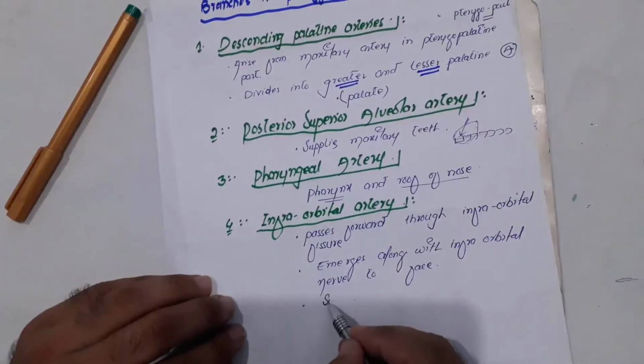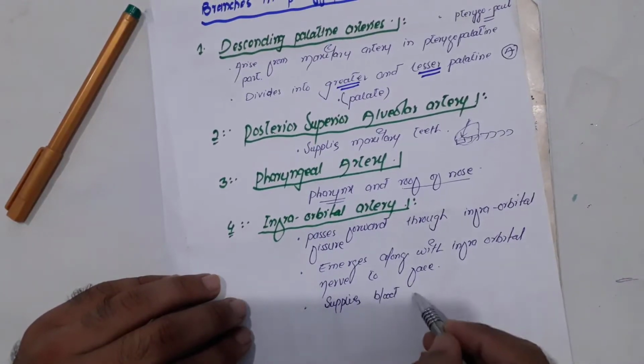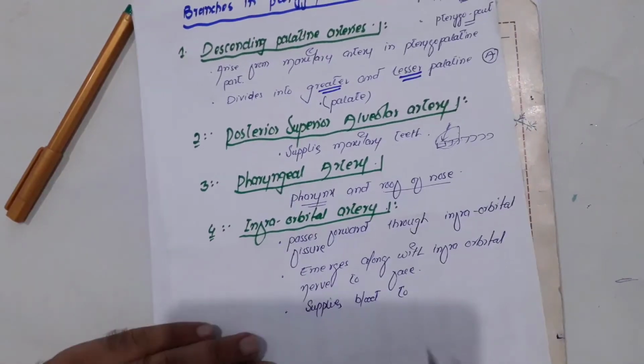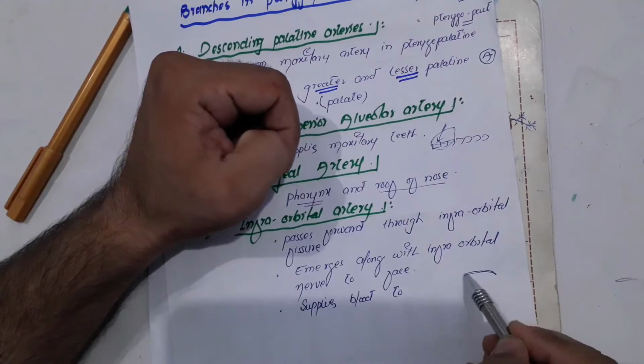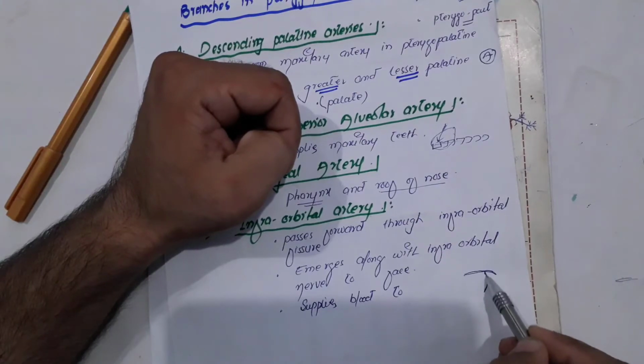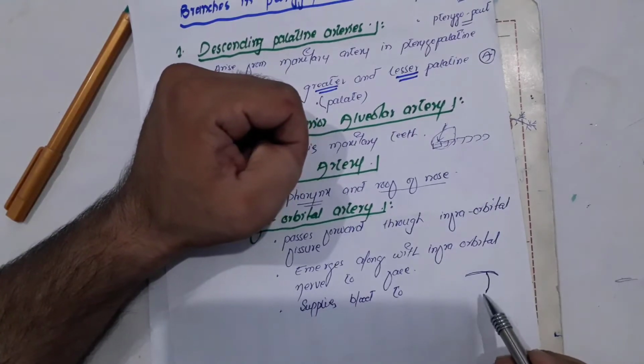It supplies oxygenated blood to, listen carefully, friends, whenever this artery emerges, it gives off a branch which is called the anterior superior alveolar artery, right?